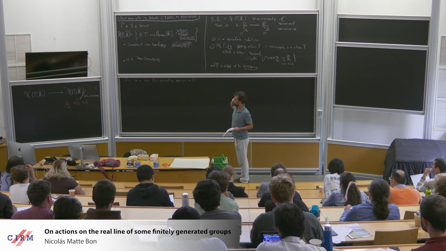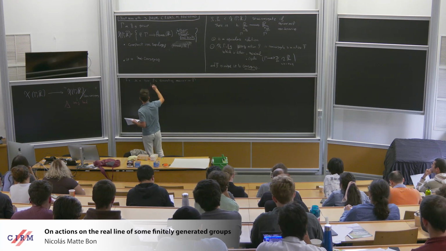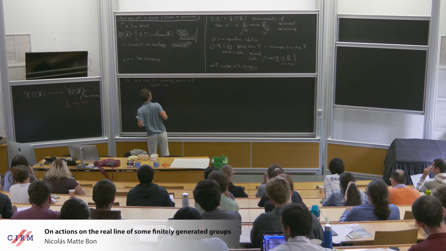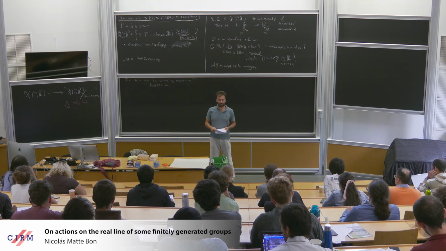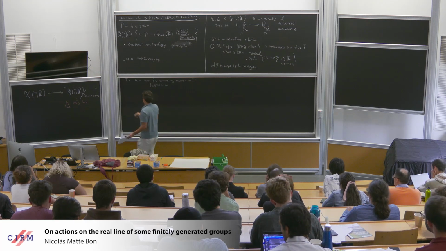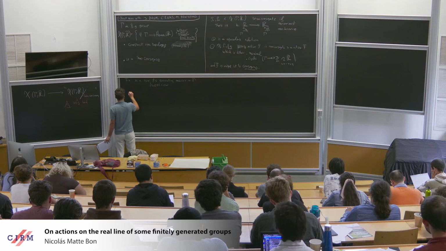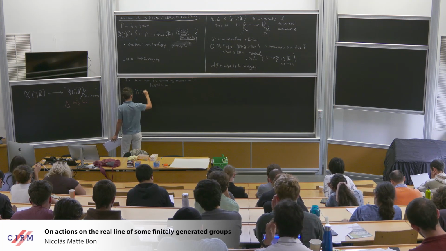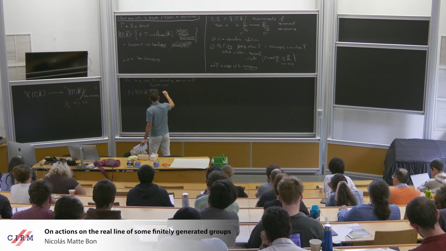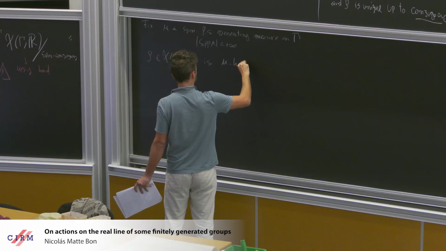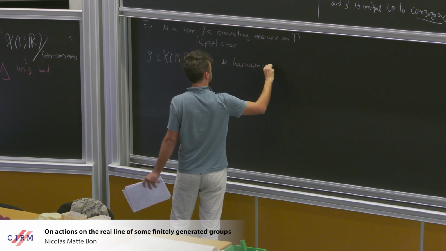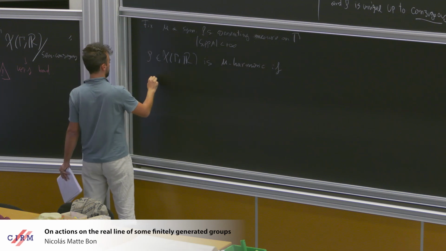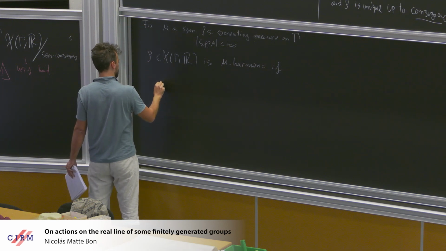FS is finitely supported. And recall the notion of harmonic action that Bertrand explained to us. So we say that an action rho is mu harmonic if the Lebesgue measure is stationary, or an equivalent property is the following.